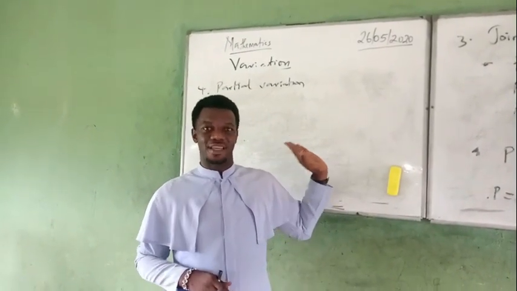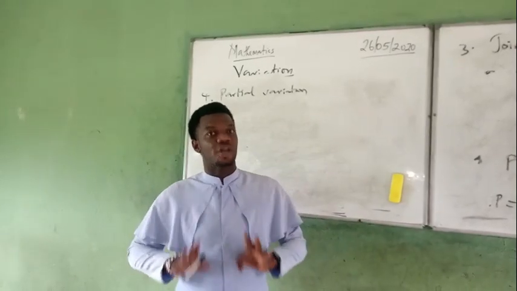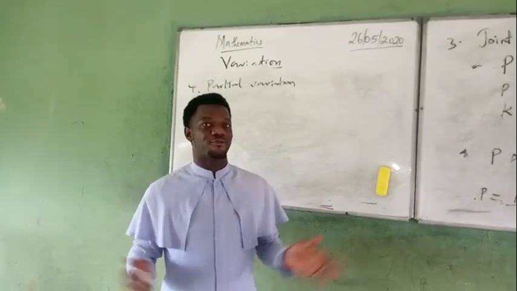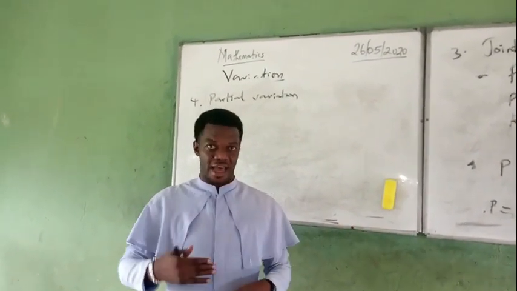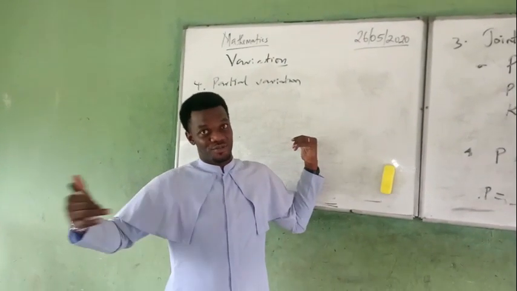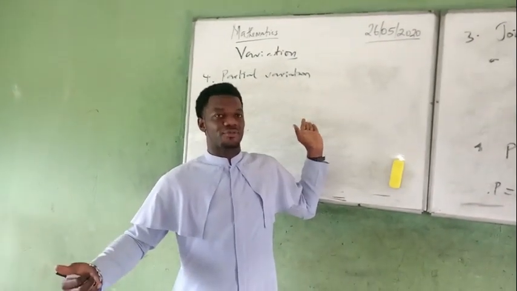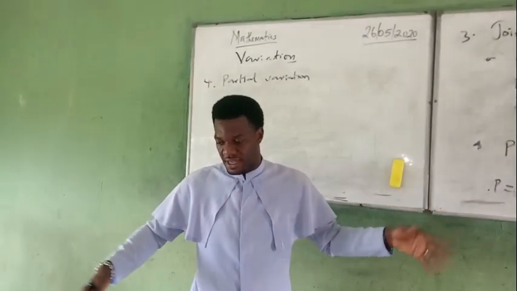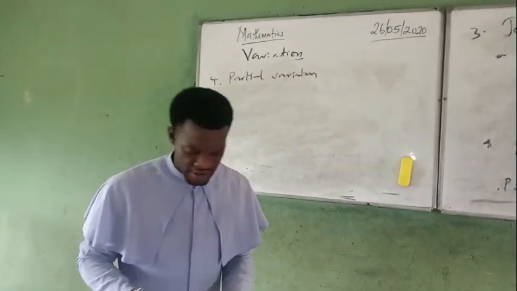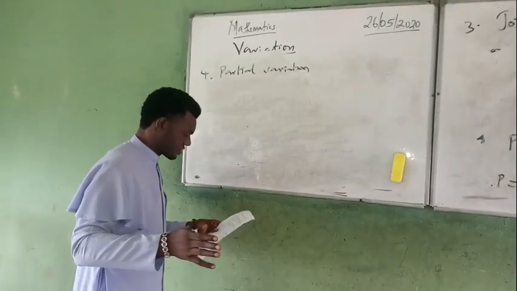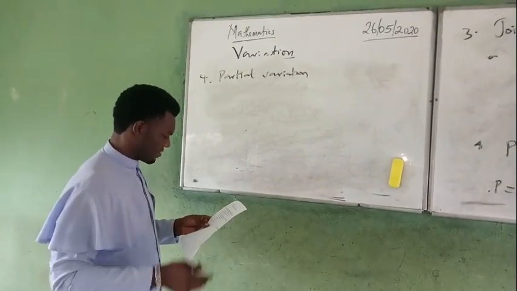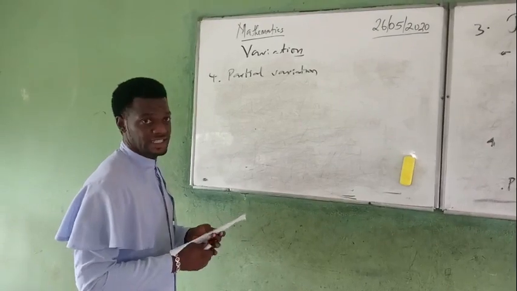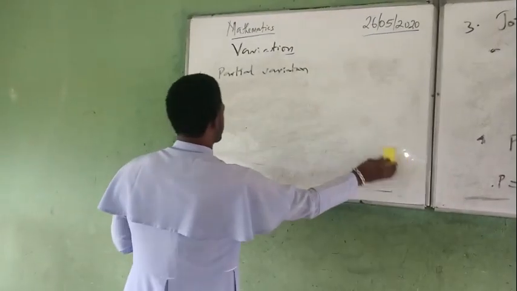In fact, this partial variation, I think that is the end of any variation in JS3, because at the end of the day you find yourself back to simultaneous equation. So for you to have studied variation, you must have done simultaneous equation, not taken for granted. Then we use instances. I've used questions from past questions of those who were in JS3 last year.